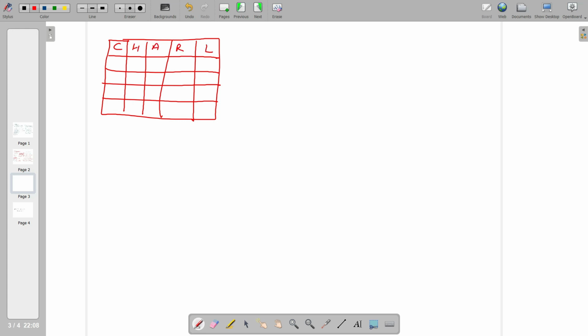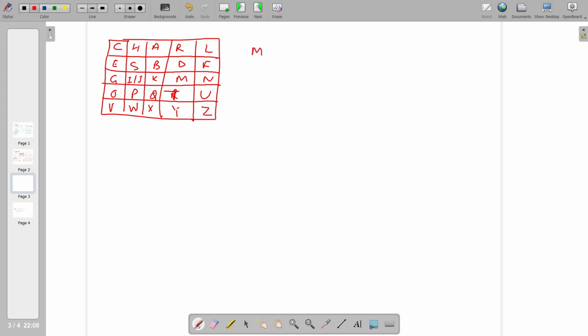You can write any key. Now I'm going to fill it: B, D, F, G, I and J, K, L is already there, M, N, O, P, Q, R is there, S is there, T, U, V, W, X, Y and Z.